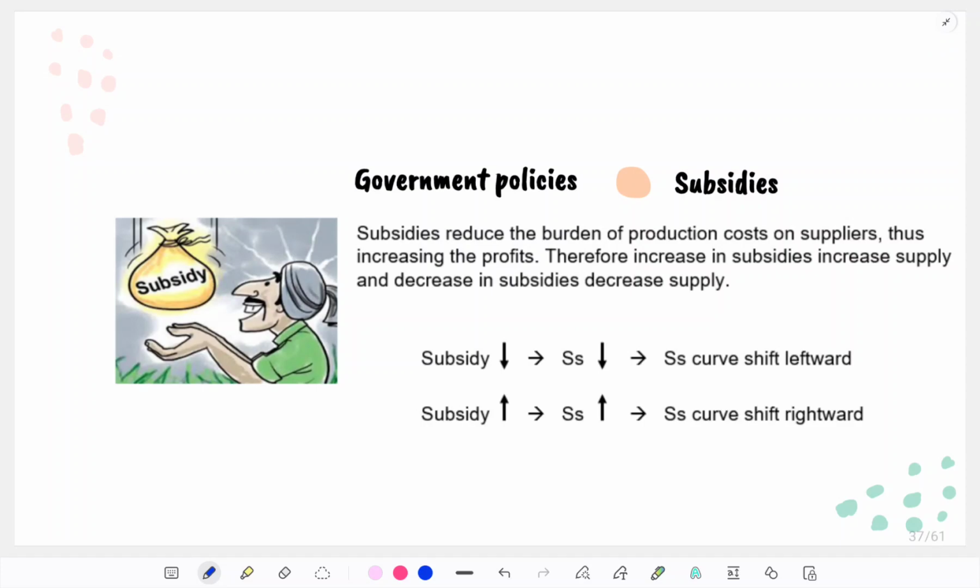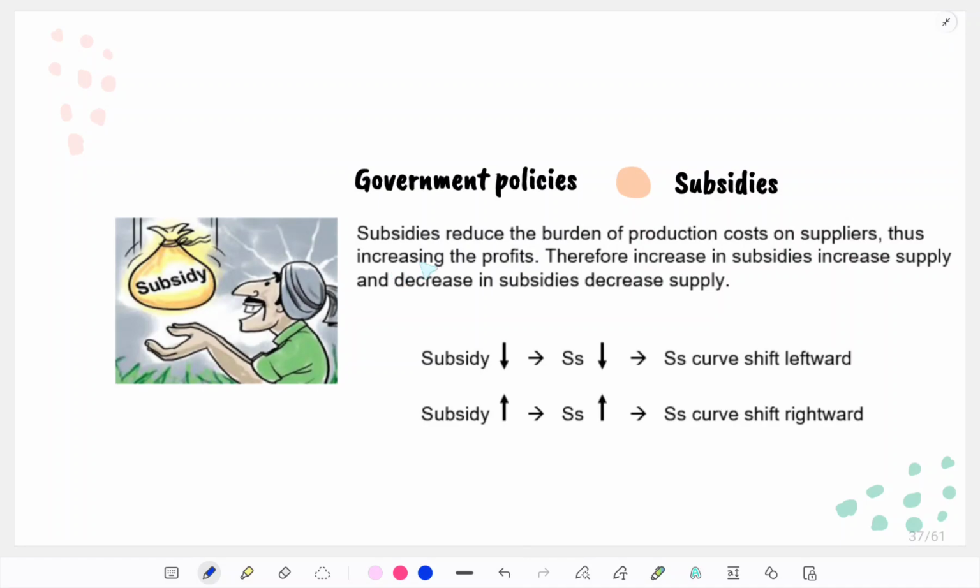There are two important policies that affect supply, which are subsidies and tax. A subsidy is financial help from the government to producers. It can also be a subsidy in terms of fertilizer, or in terms of pesticides.